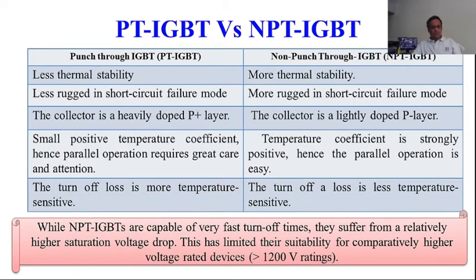Although non-punch through IGBTs are capable of very fast turn off time, they suffer from a relatively high saturation voltage drop. When this IGBT is conducting, it has to work in the saturation region, and in this region the IGBT has some VCE voltage, which is called the saturation voltage drop.